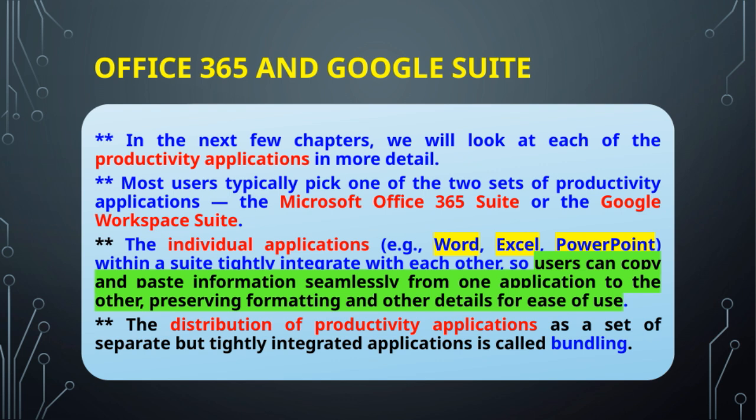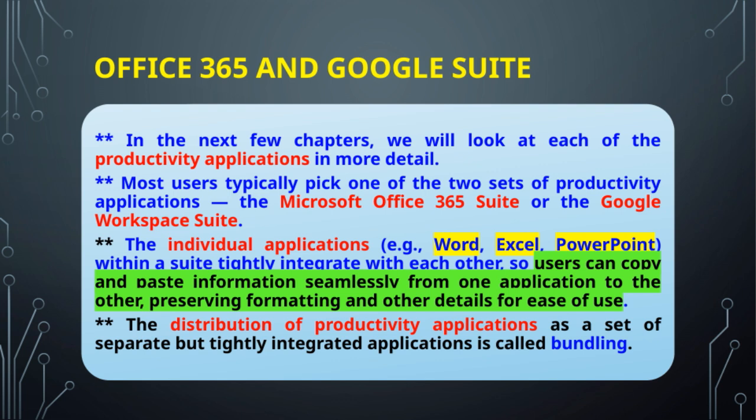On the other hand, Google Suite, now called Google Workspace, offers similar tools such as Google Docs, Sheets, Slides, and Gmail. Its strength lies in real-time collaboration and cloud-based accessibility, allowing teams to work simultaneously from anywhere with an internet connection.